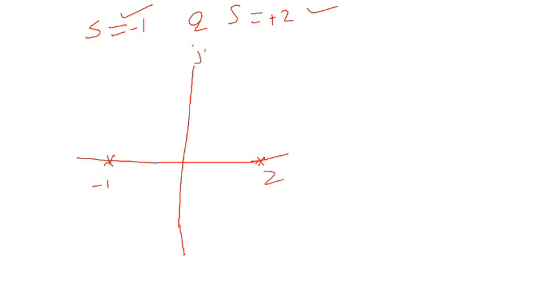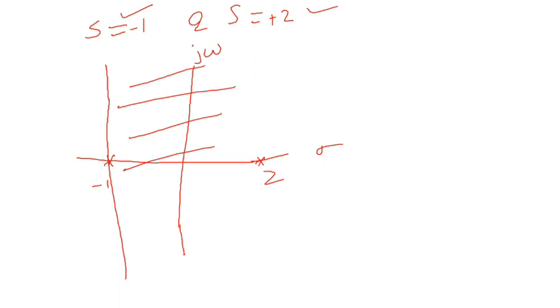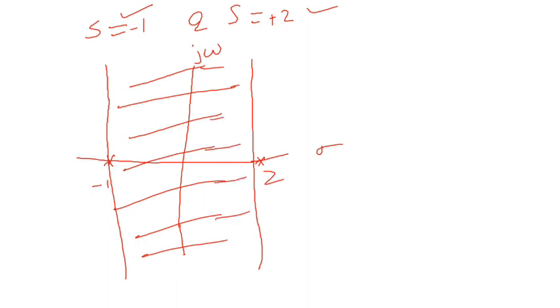Okay, so this is the j omega plane. So this will form a strip, right? It is a problem we have already done in class. Our region of convergence will be between -1 and +2.